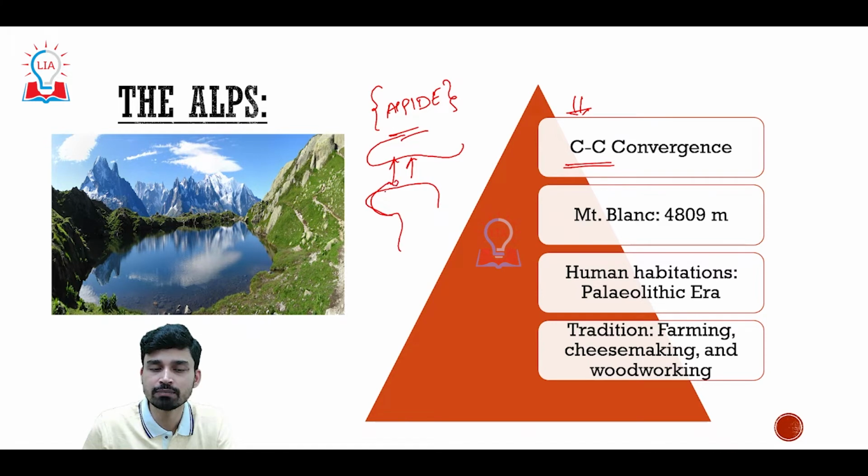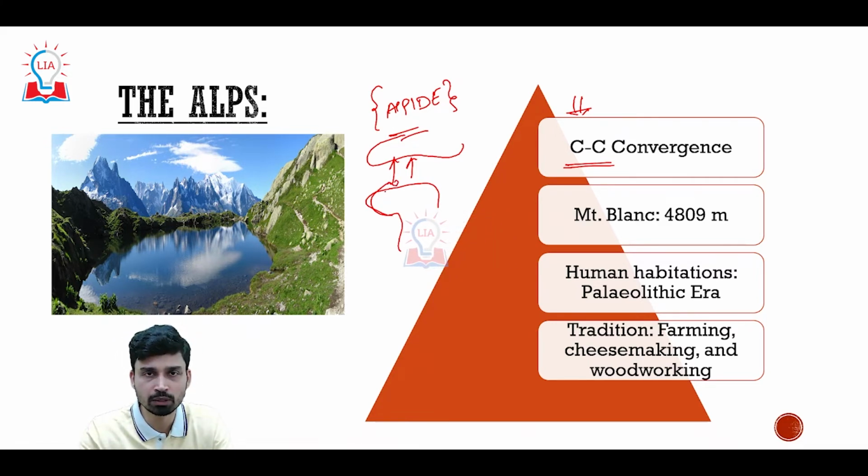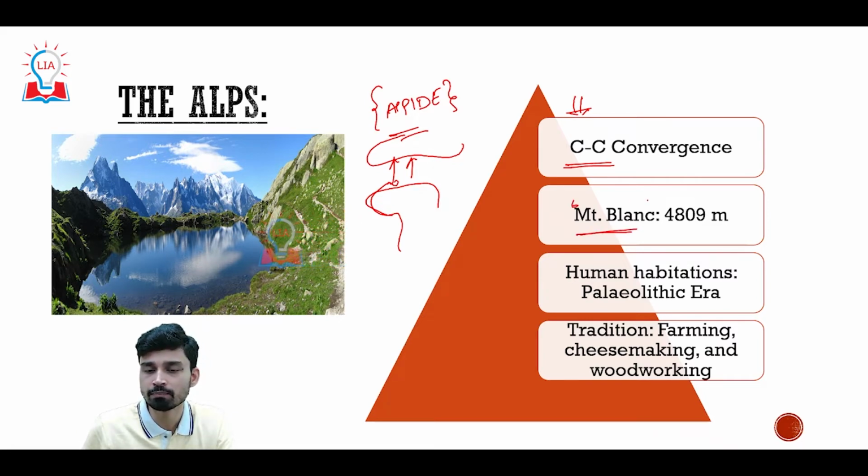Due to this collision between the African and Eurasian plates, we have upfolding of the sediments that were deposited in the Tethys Sea. This upfolding of sediments has led to the formation of this young fold mountain. The highest peak of this mountain is Mont Blanc, at an altitude of 4,809 meters.